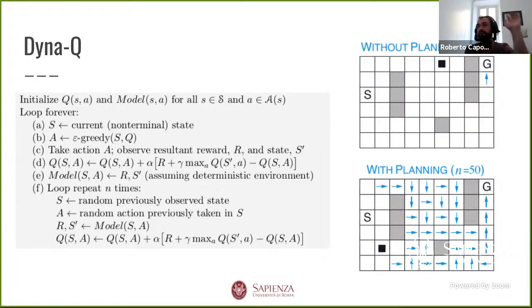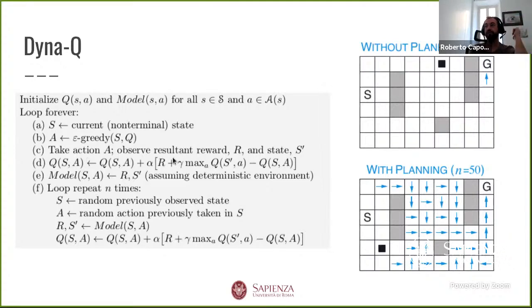Okay, so if the agent is executing something in some task in the world, the agent collects the state, executes an action by being, for example, epsilon greedy with respect to the Q function. And then the action is executed.